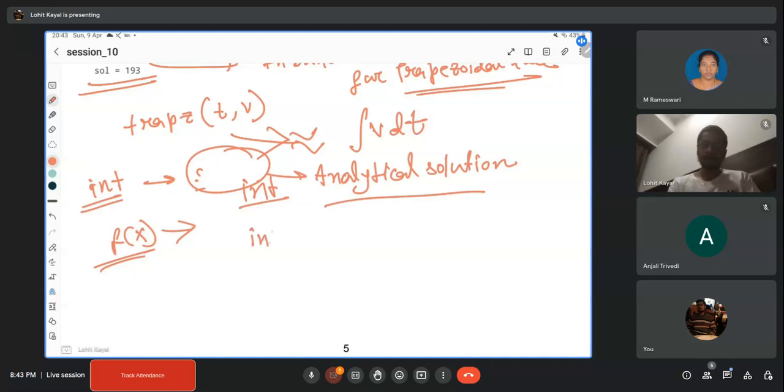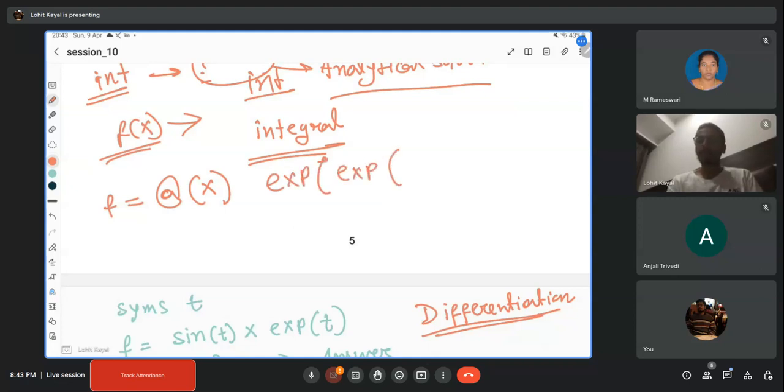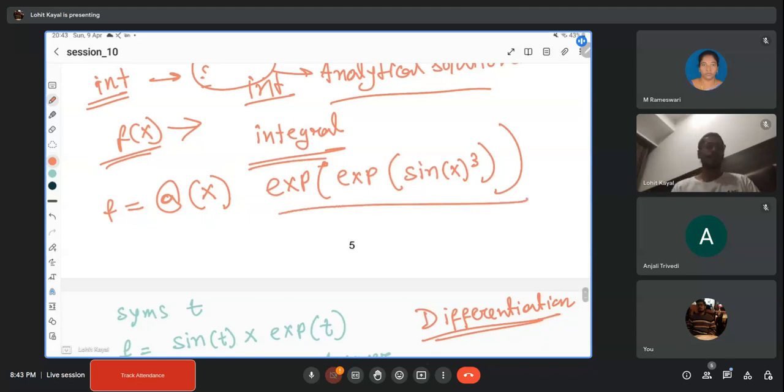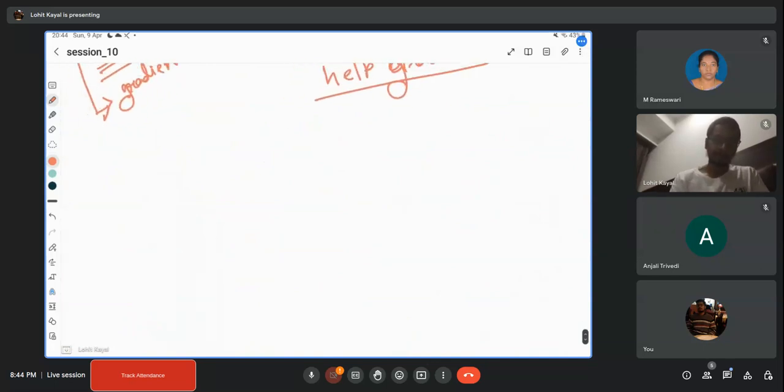There is a function called integral. Here also you have to define a function like this: f equal to at the rate x, maybe some complicated function, exp of sine x cube. I think this is not solvable analytically, but using integral we can very easily solve it.